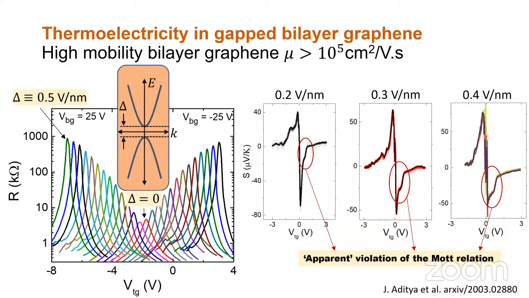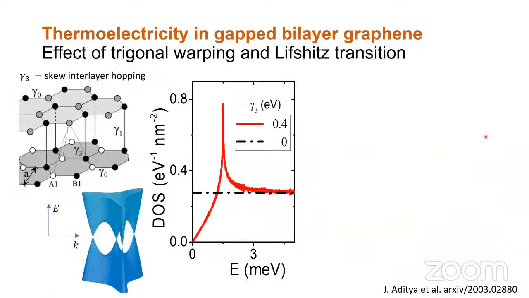And this problem has been solved by Aditya. Hopefully we'll get the paper out very soon. He says that this is an effect of the change in the density of states because of the skew scattering or the trigonal warping behavior, which leads to a Lifshitz transition in the bilayer graphene.